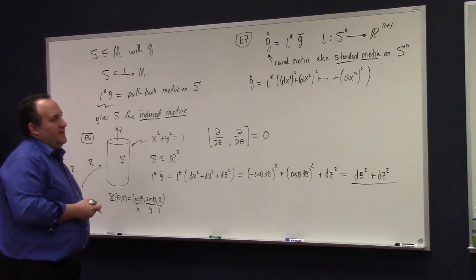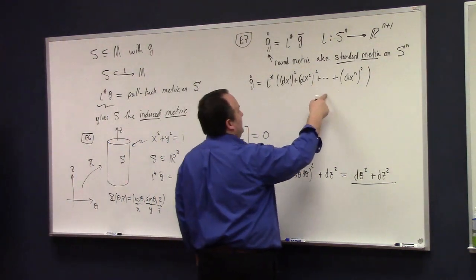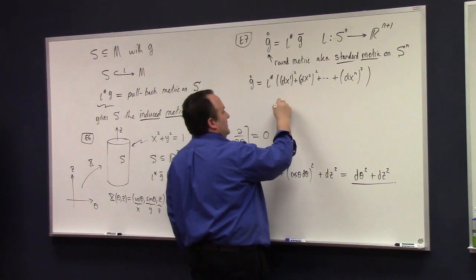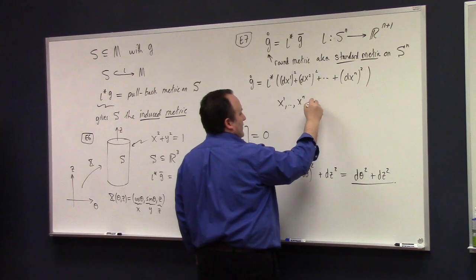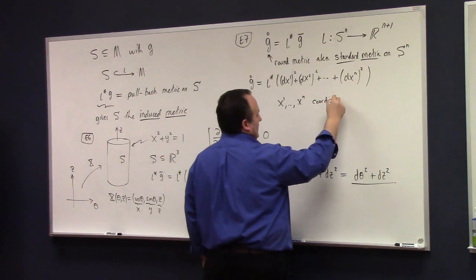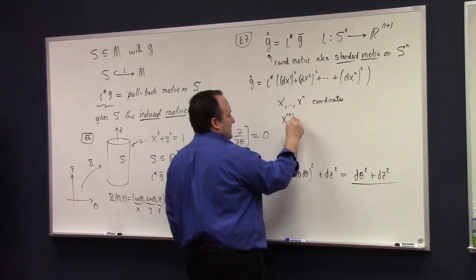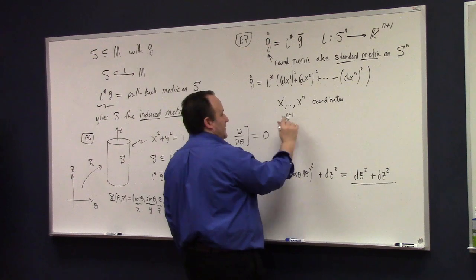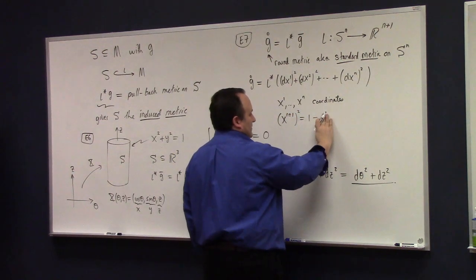Okay, so one way you could go here is you could be like, I'm going to use x1 through xn for coordinates, and then x_{n+1} squared would be 1 minus the rest of them.